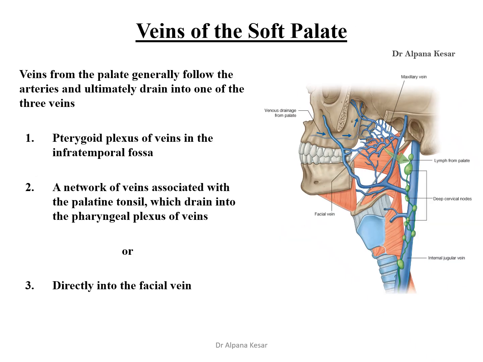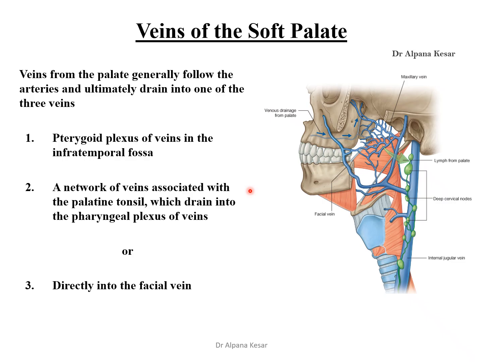Veins of the soft palate. Veins of the soft palate follow the same course as the arteries of the soft palate and drain into one of the three veins. 1. Into the pterygoid plexus of veins in the infratemporal fossa. 2.